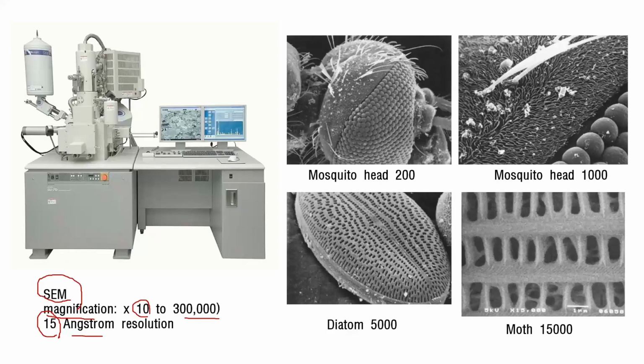This figure shows some examples of the SEM images. A mosquito head, 200 times magnification. Mosquito head 1000 times, and diatom 5000, and moth 15,000 magnification.